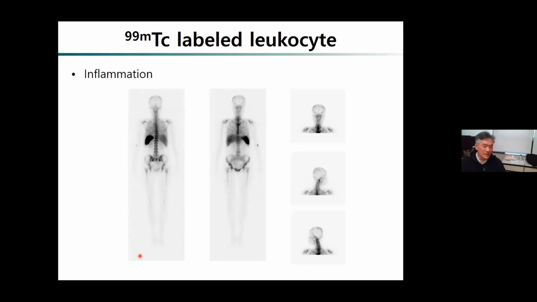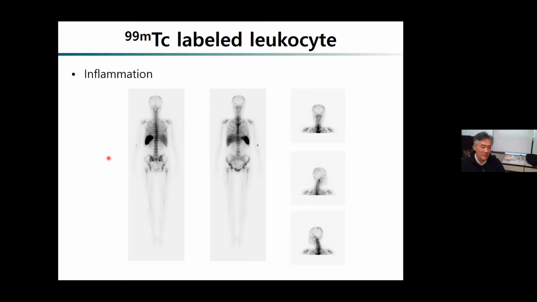Another example is the white blood cell labeled with technetium 99m. Technetium 99m WBCs can show which site is inflamed or not.